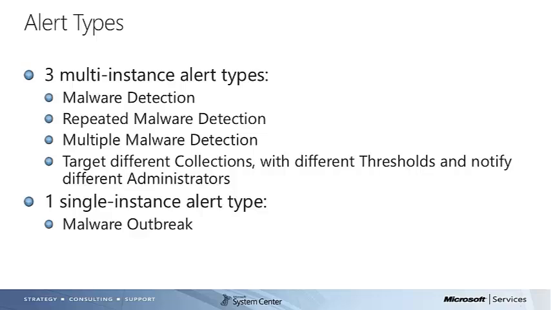You can also have different thresholds, and different recipient lists or emails set up as a result of that. With the single instance type, you're not able to configure multiple instances of this particular alert, which in this case is a malware outbreak alert.